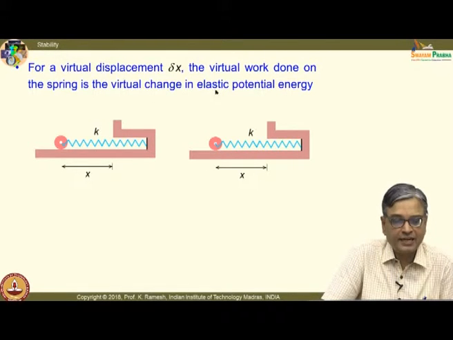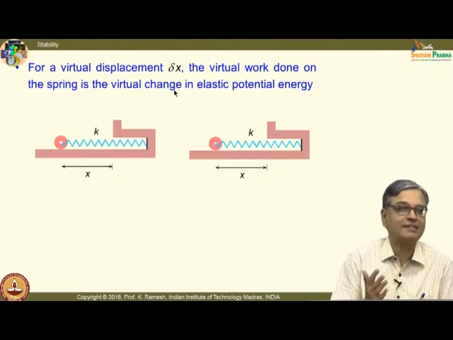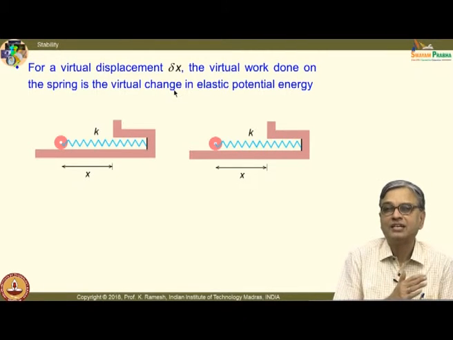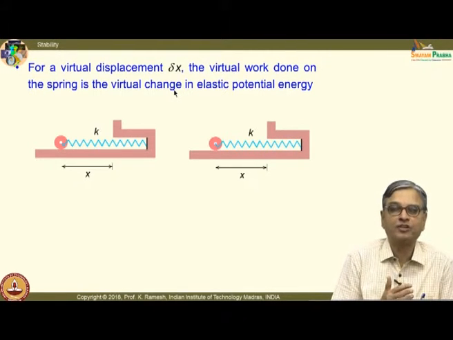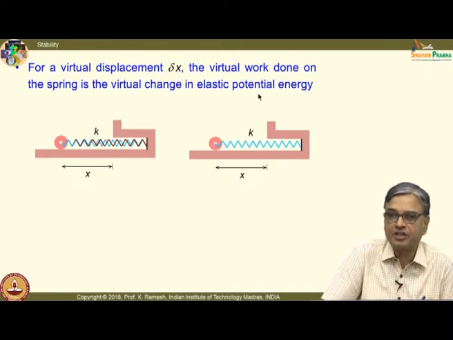When I say potential energy, I have one sign. When I have work done, I have another sign. We have to understand these sign conventions very clearly for us to apply the methodology. I take a spring loaded member and give a virtual displacement delta x, and whatever virtual work is done is also stored as a virtual change in elastic potential energy.